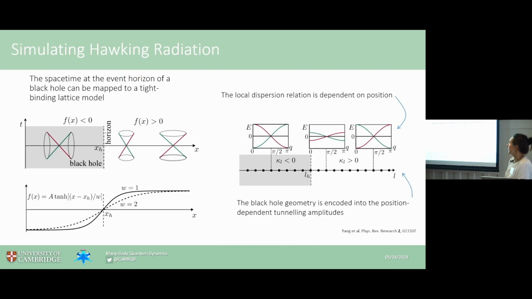Another application of this is simulating black hole physics, crazily. So it turns out that some clever quantum gravity people have found a mapping between the dynamics of quantum particles in curved space-time and a Hubbard model in one dimension.